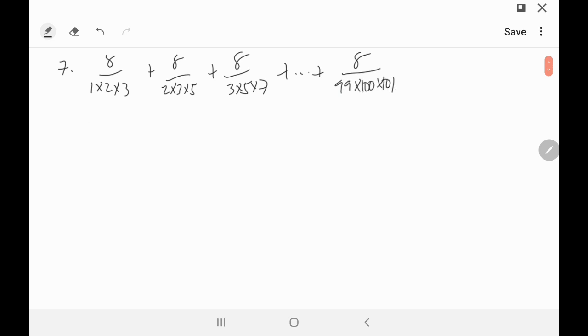Okay, so we factor out 8, and then the first fraction now is this, and the second will be this, third, and the last.